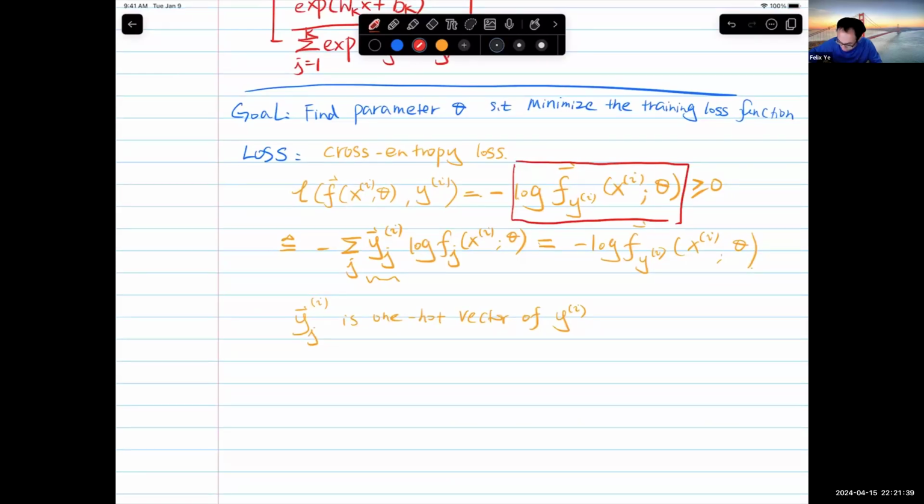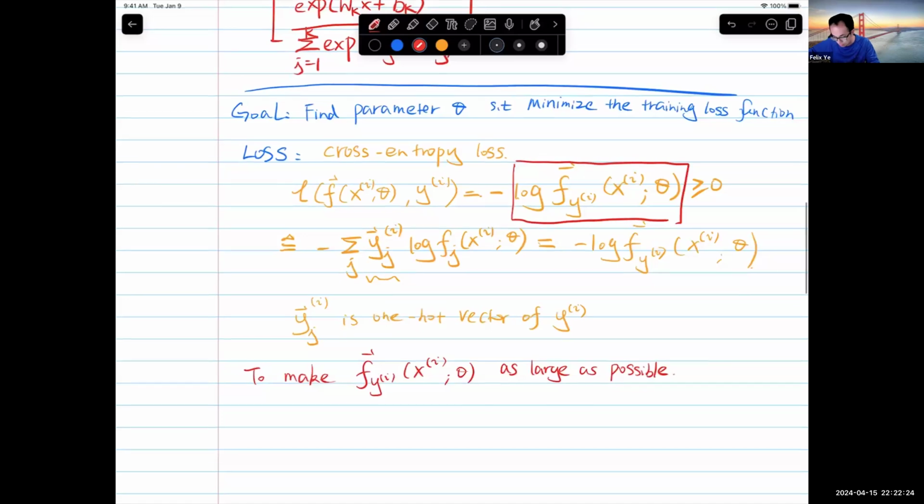So the goal here is basically to make f_{y_i}(x_i, theta), which is the predicted probability for class y_i, as large as possible. Right, so this is the predicted probability for class y_i.